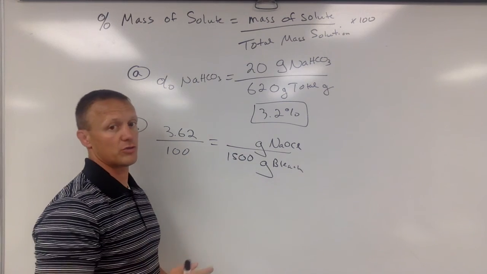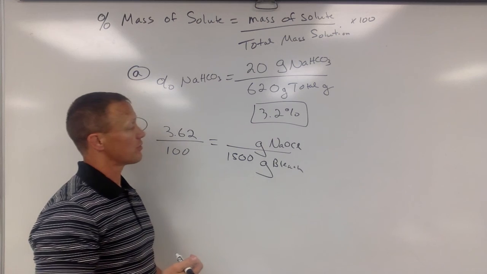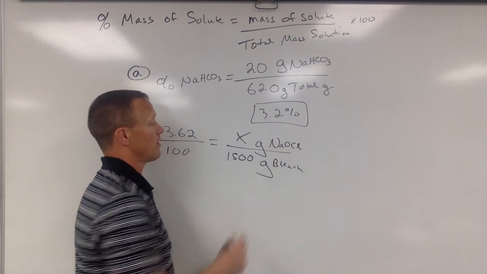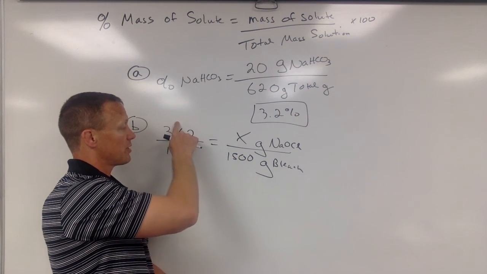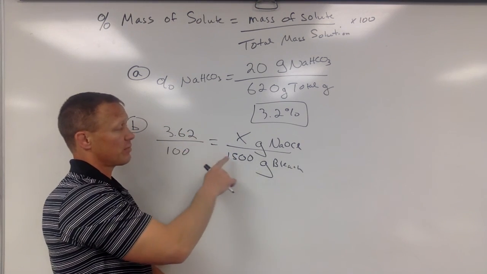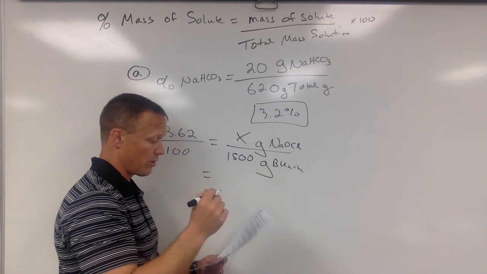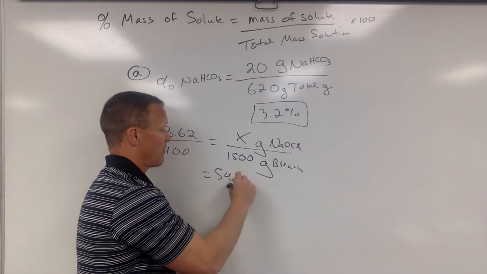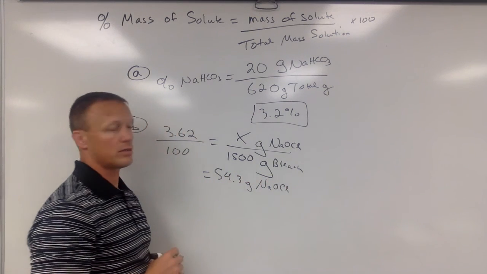How many of those grams are actual sodium hypochlorite, which is the main ingredient in bleach, and then it's mixed with water. So we're looking for that. Cross multiply: 1,500 times 3.62 divided by 100. That'll tell you how many grams are in there. So we're really figuring out what is 3.6% of that number. And our grams of that are 54.3 grams of sodium hypochlorite.